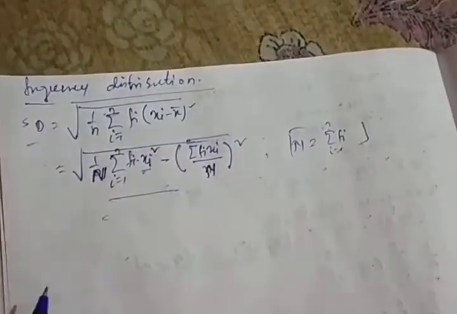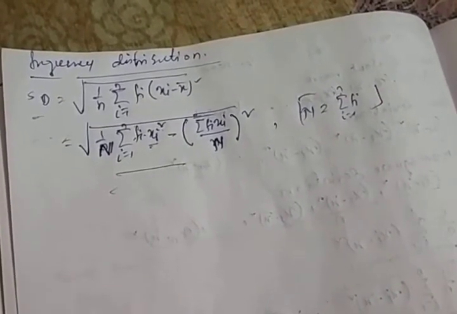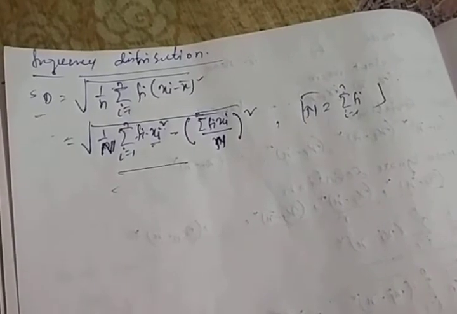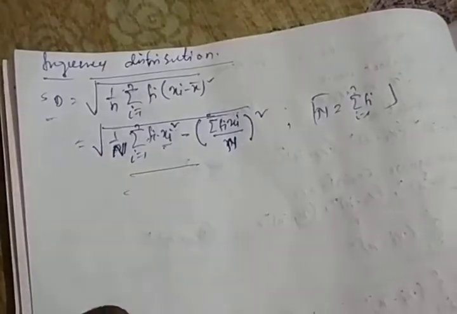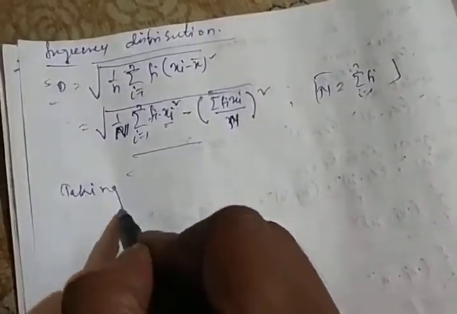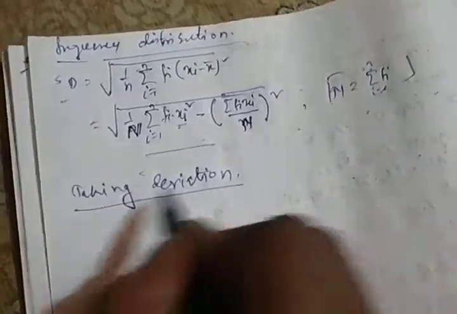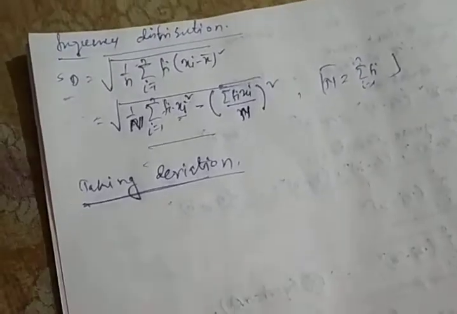So we can use the deviation form, which we have already done in the measures of central tendency, when we had to find the median, mean, mode. So we can use the deviation form, taking deviation to find the standard deviation.